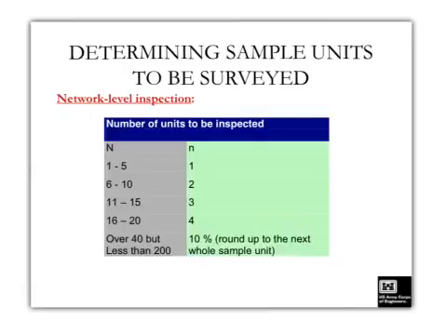If the big N is 1 to 5, then I need to measure 1 out of each 5. If the capital N is 6 to 10, then the number of units to be inspected is 2. If I have over 40 but less than 200, then I need to measure 10% of the entire area.